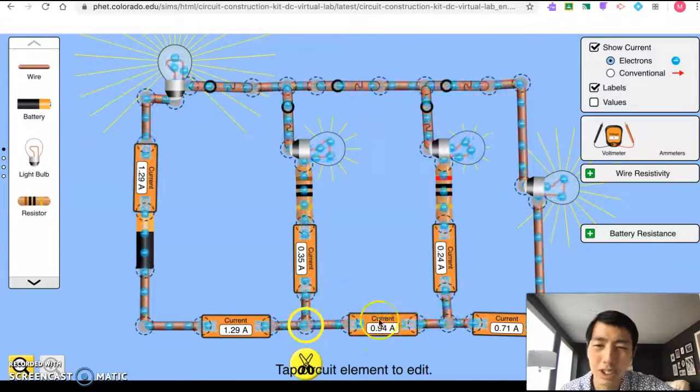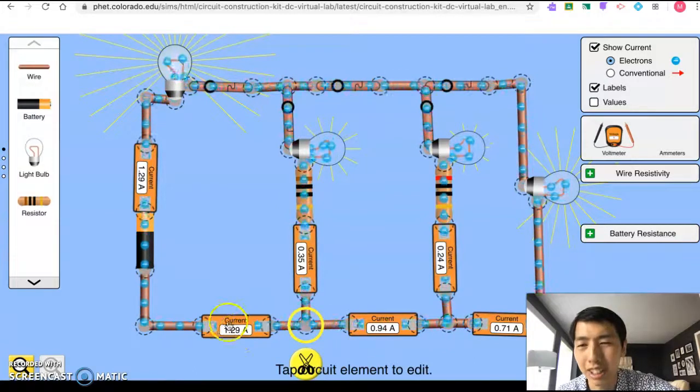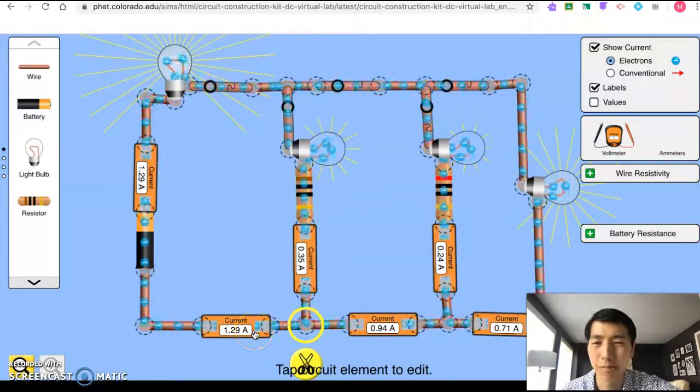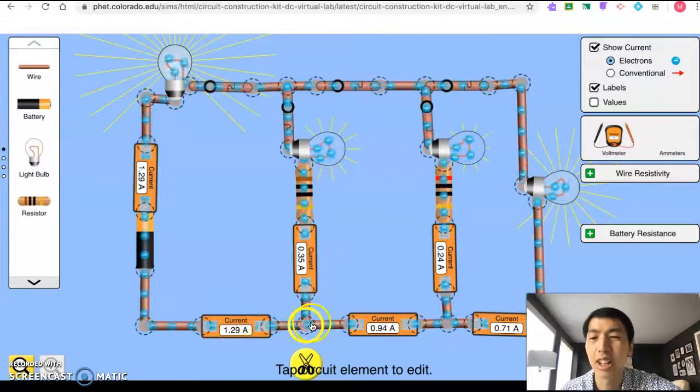So if I add these 2 numbers together, 0.35 plus 0.94, it equals 1.29, which is exactly the current that was flowing in. That's Kirchhoff's current rule. Current going into a junction equals total current coming out of the junction.